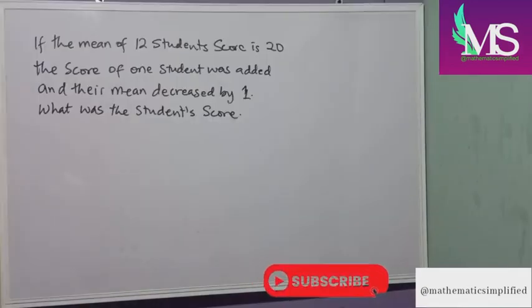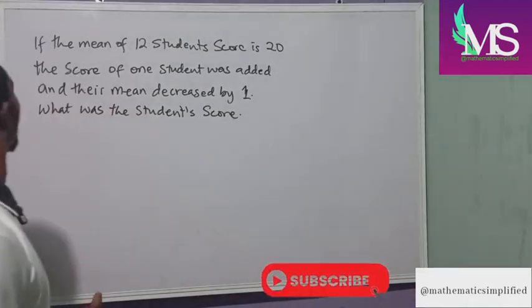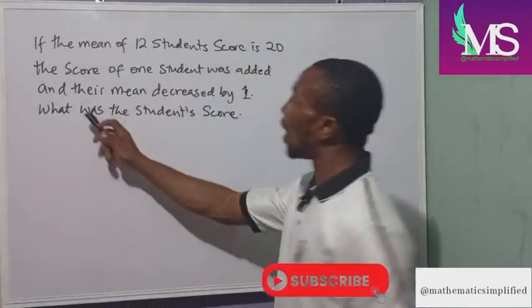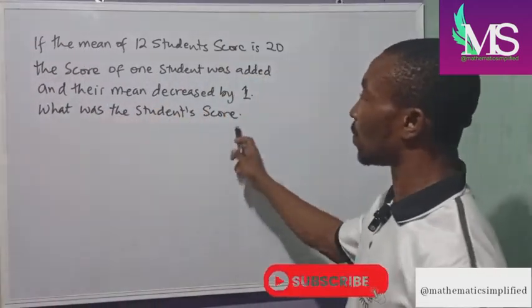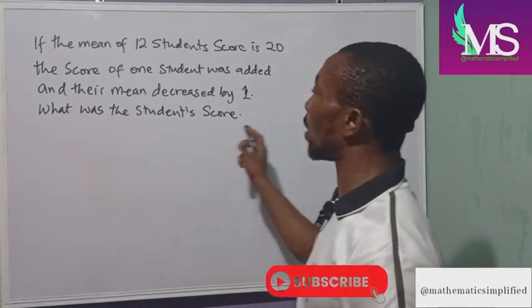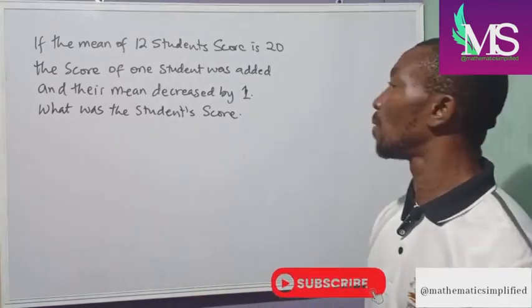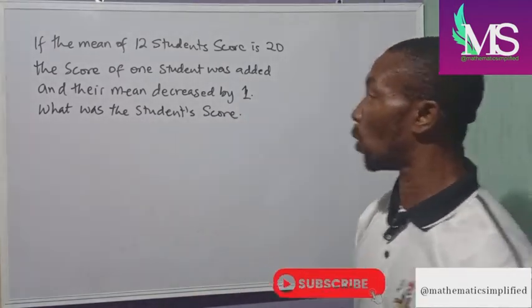If the mean of 12 students' score is 20, the score of one student was added and their mean decreased by 1. What was the student's score? So we are looking for the score of the student that was added that decreased their mean by 1.